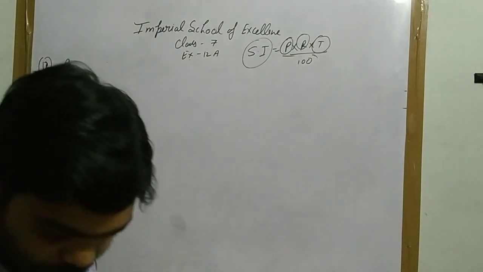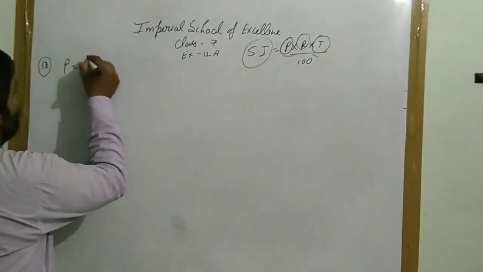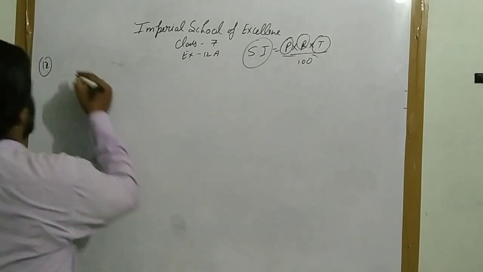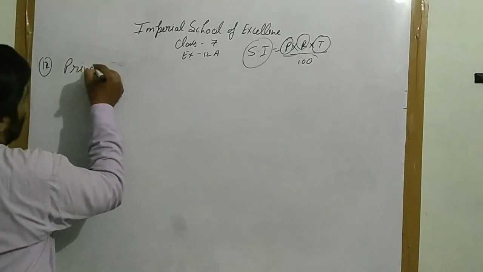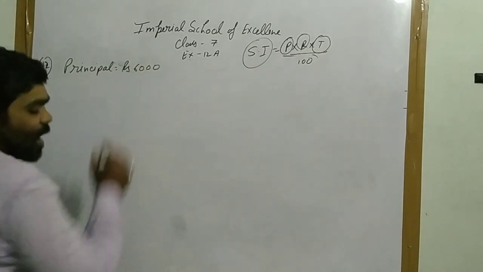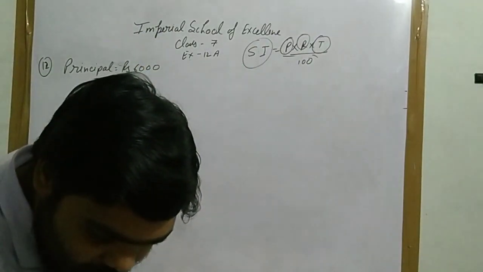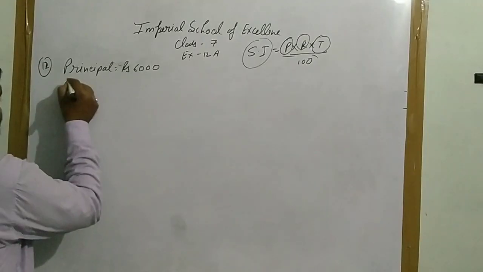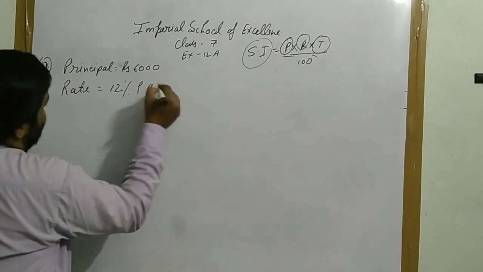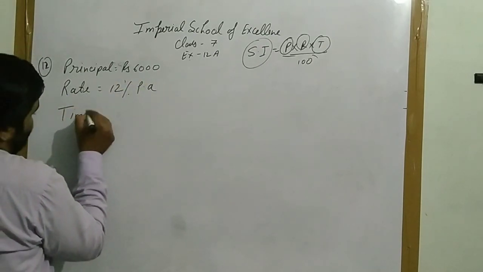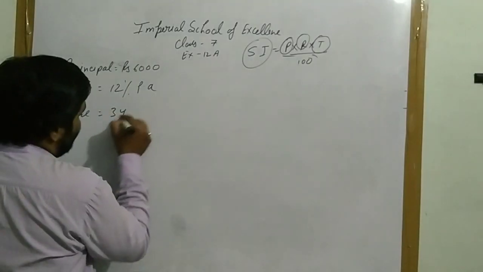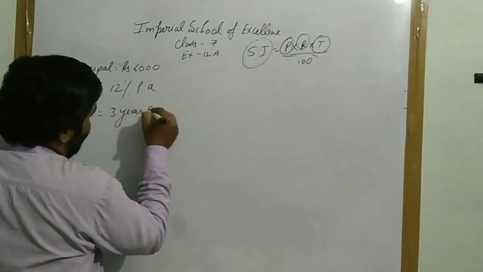Principal is rupees 6,000. Rate of interest is 12% per annum. Time is 3 years and 8 months.